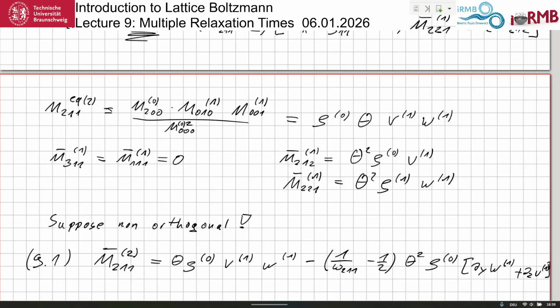Does this already look problematic to you? Why? If there is a partial derivative with x and the u in x, there is no partial derivative with x. There's only one with y and with z.